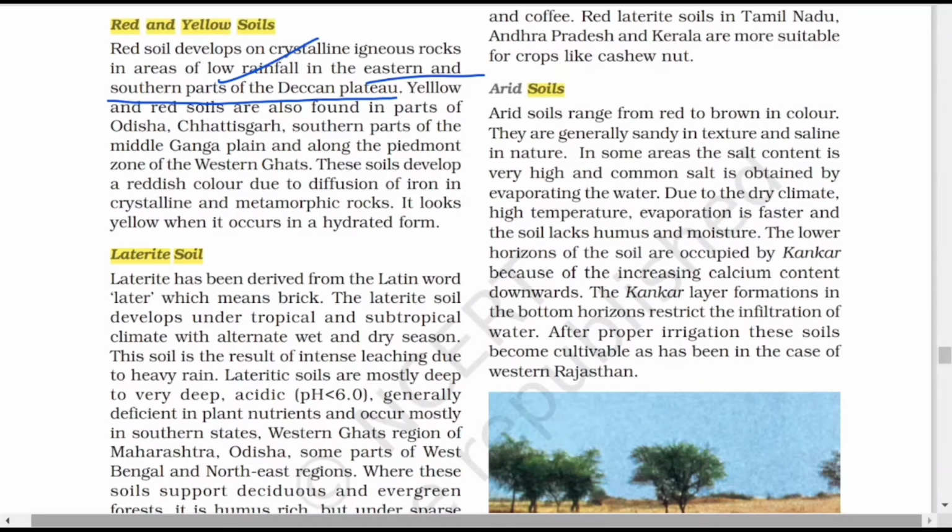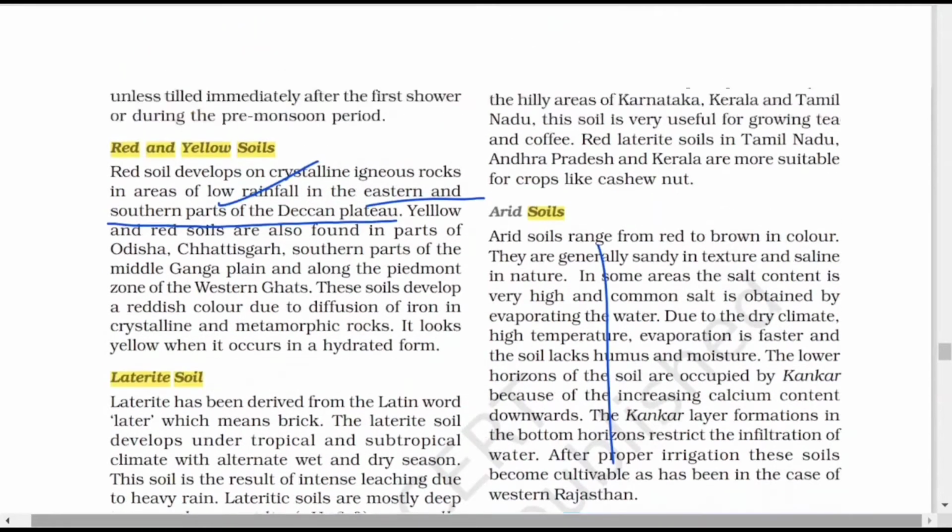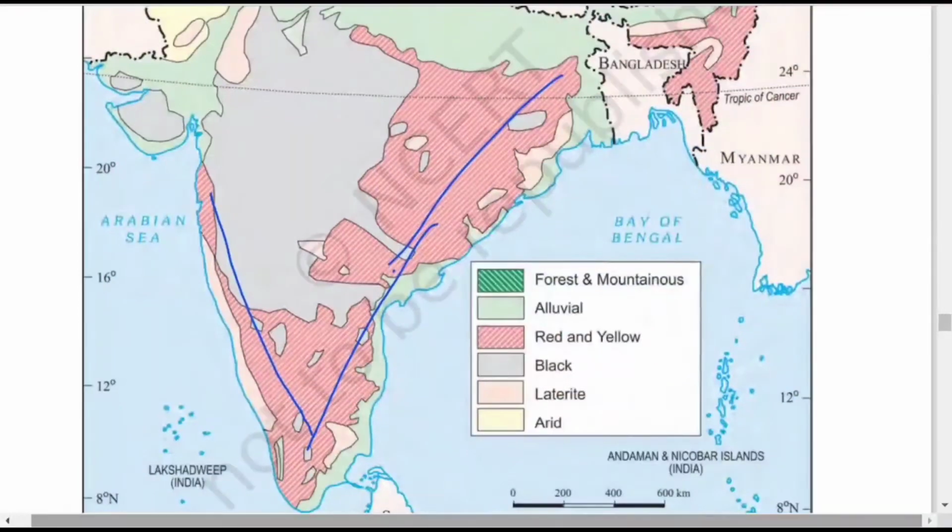Okay. Yellow and red soils are also found in parts of Odisha, Chhattisgarh, southern parts of Middle Ganga Plain, and along the pediment zone of Western Ghats. Now, you need not remember these names. It's not easy. The best way is only to go to the map, put the map in your mind, and very easily we can remember. You must know the states.